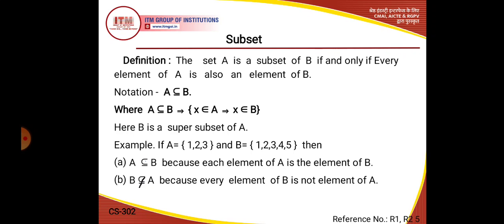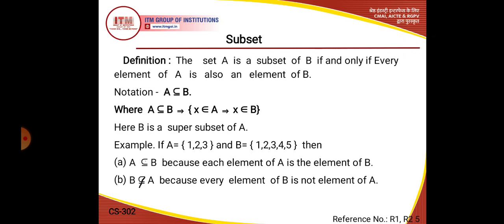But if we consider point number second, B is a subset of A. No, it's not possible because in set B, if you see 4 and 5, 2 elements are also there.